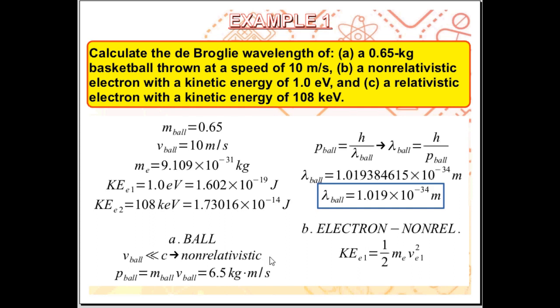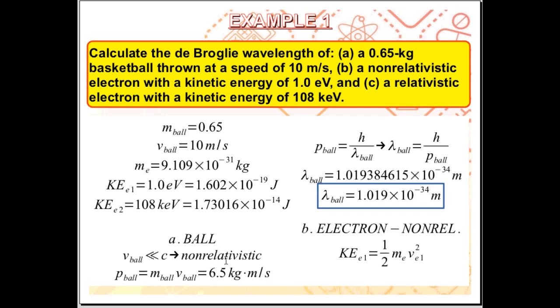If v is much smaller than c, you have a non-relativistic case. For the system to be relativistic, the speed involved should be at least close to or equal to the speed of light c.